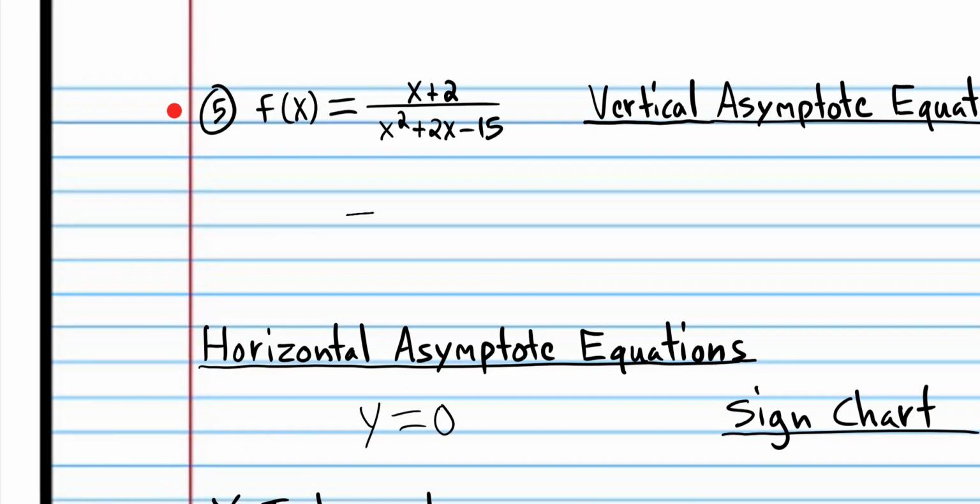And now we need to find the vertical asymptotes. In order to do that, we have to factor the denominator. So what two numbers multiply to negative 15 and add up to 2? Well, that's going to be positive 5 and negative 3.